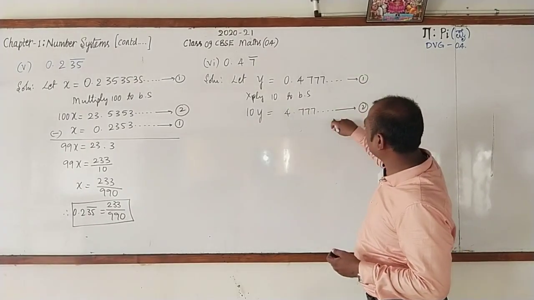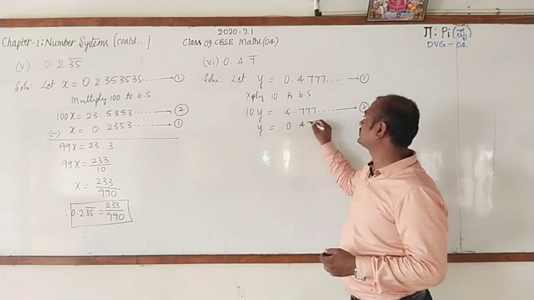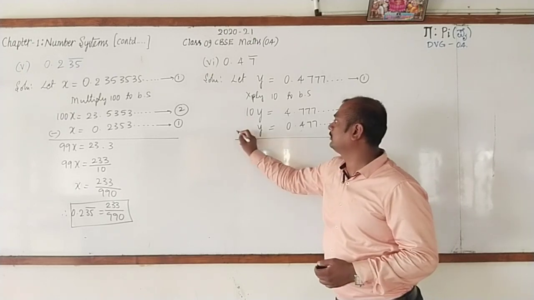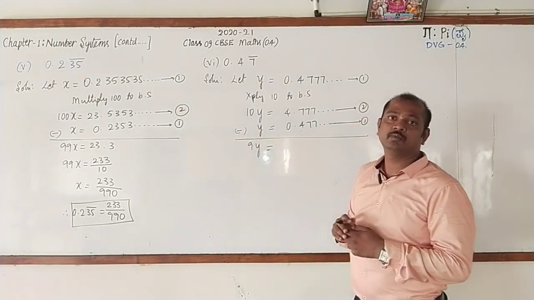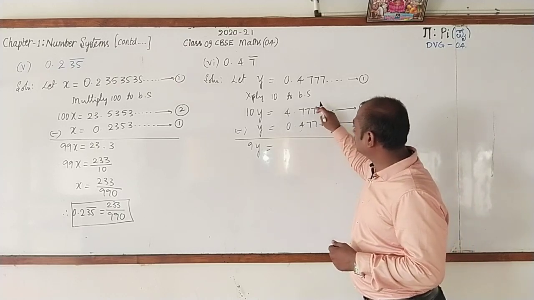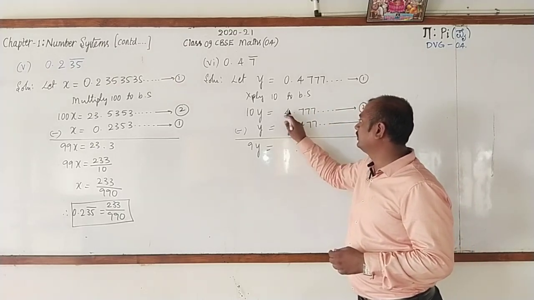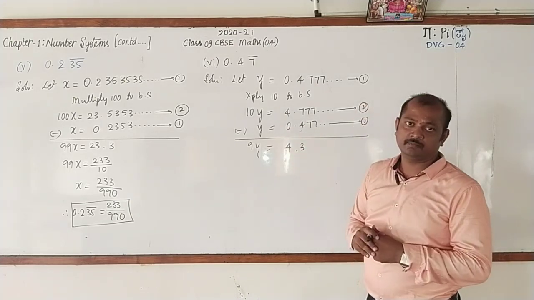Subtract equation 1 from equation 2. Then y is equal to 0.477 and so on. Now, on subtracting, 10y minus 1y is 9y. Here, 7 gets cancelled, 7 gets cancelled, 7 minus 4 is 3, 4 minus 0 is 4, so 4.3.